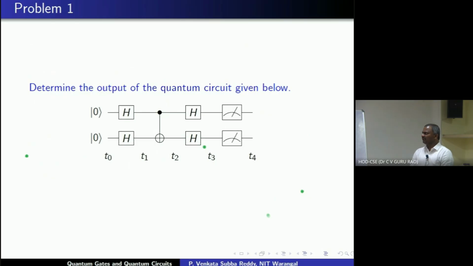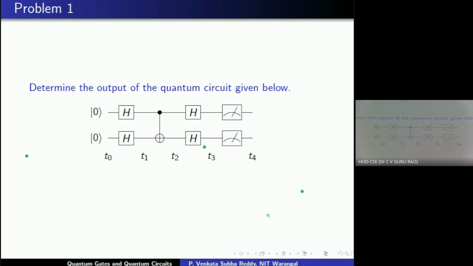Okay. Now I don't explain anything. Can you try this? What is the answer for this? You only try. I don't know whether you can. What is input state here? Ket 0, ket 0, ket 0. That means what?